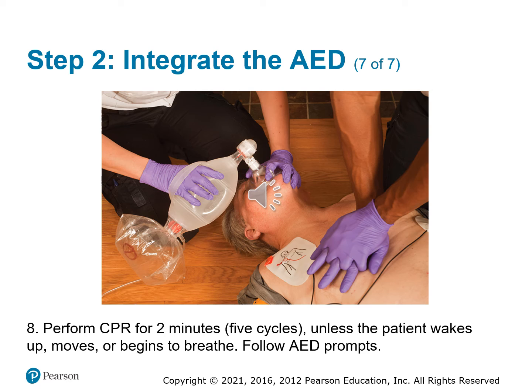The individual that is running the airway is at the head of the patient. They are maintaining that EC grasp on the patient's mandible and the mask. The mask properly fits the patient from the bridge of the nose down to the chin, and you will see that it is hooked up to oxygen and the bag there is being squeezed to provide ventilations.